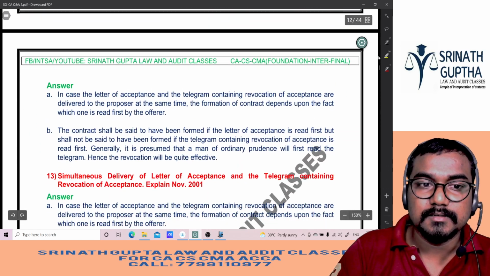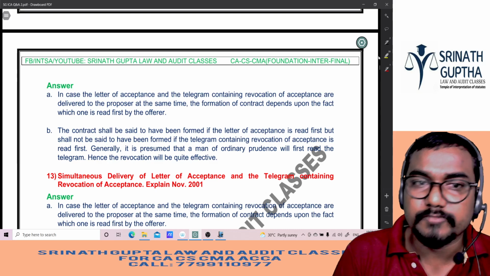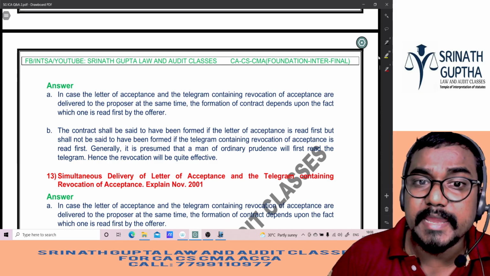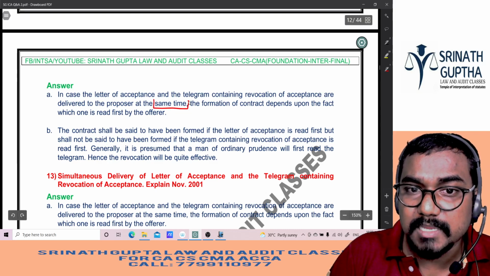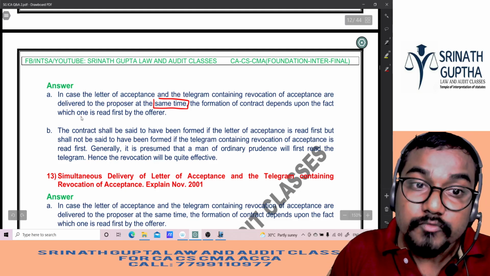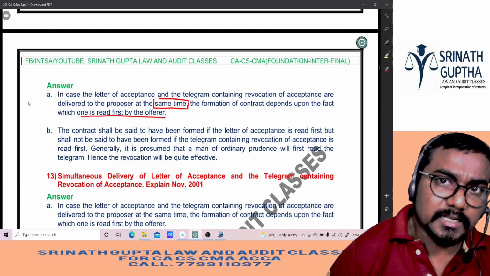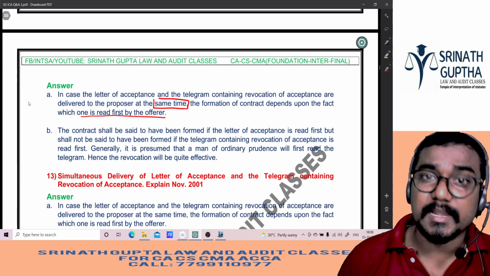है ना? So in case the letter of acceptance and the telegram containing revocation of acceptance are delivered to the proposer at the same time, the formation of the contract depends upon which one is read first by the offeree. है ना बेटा? So if you open the telegram first, revocation is valid.